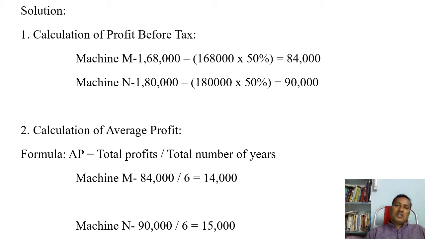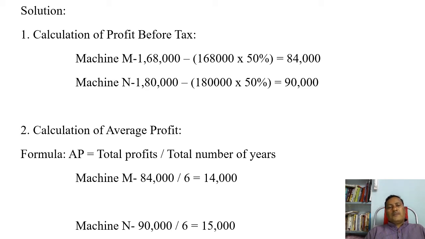So 1,68,000 minus 84,000 is equal to 84,000. Similarly, for machine B, the profit before tax is 1,80,000. 1,80,000 into 50% tax comes to 90,000. So the profit after tax comes to 1,80,000 minus 90,000, that is 90,000.